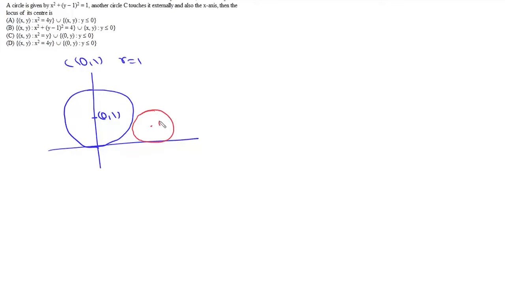Now suppose the center of this circle is (alpha, beta), and when it touches the x-axis, it means its radius is equal to the modulus value of its y coordinate, that is mod of beta. Now these two circles touch each other externally, that means C1C2 must be equal to R1 plus R2.